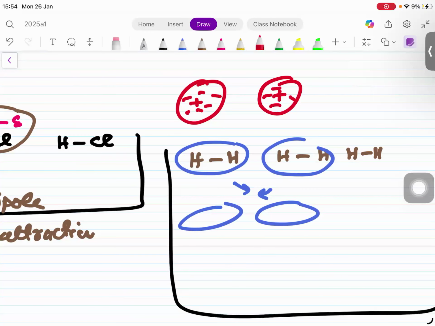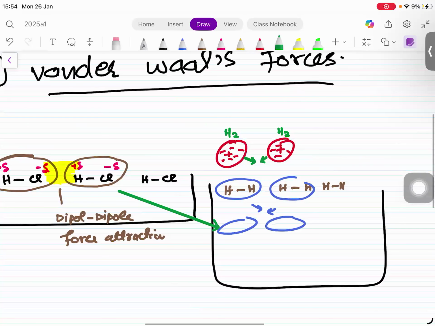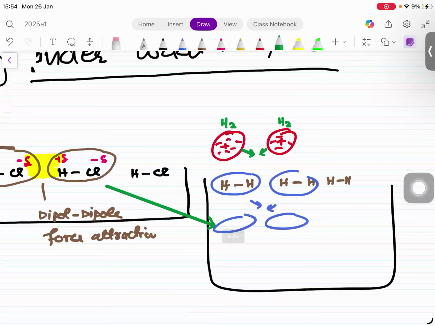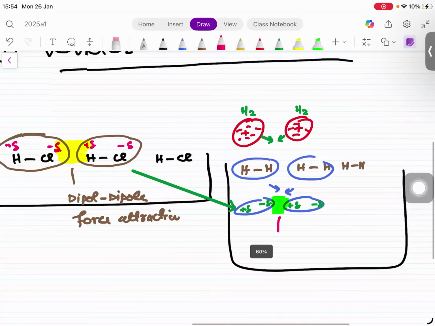So when these come close to each other, one H2's electrons and the other H2 molecule's electrons repel each other. As a result, this side gets slight negative, slight positive, negative, positive. And the force of attraction is developed here. That is again a dipole-dipole force.